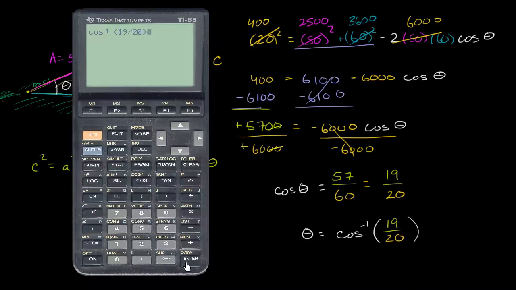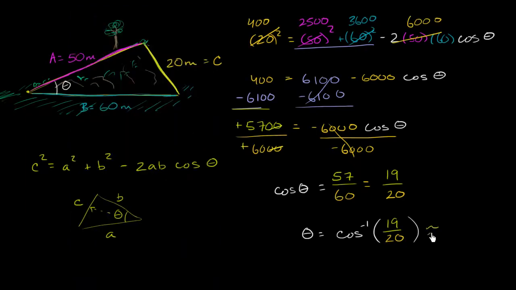And we deserve a drum roll. We get 18.19 degrees. And I already verified that my calculator is in degree mode. So if we wanted to round, this is approximately equal to 18.2 degrees if we want to round to the nearest tenth. So that essentially gives us a sense of how steep this slope actually is.